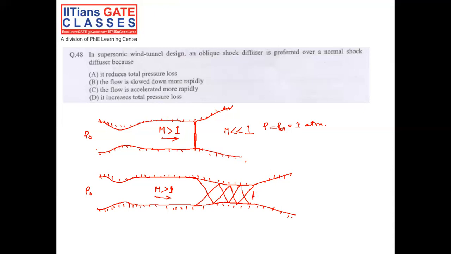This is a terminating weak normal shock, and this is where the flow is being discharged. The Mach number here is very low, and pressure is atmospheric pressure.